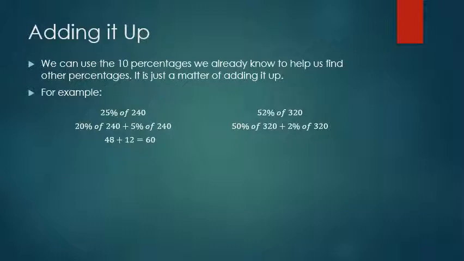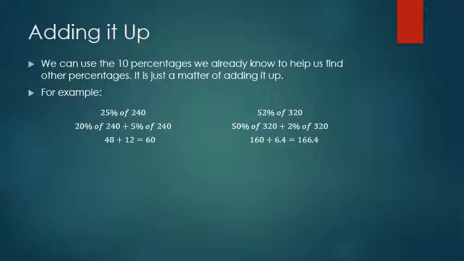So 50% of 320, we just cut it in half, which is 160. 2% of 320, well, 1% is 3.2, so 2% would be 6.4. So I add 160 and 6.4, and I get 166.4 would be 52% of 320.